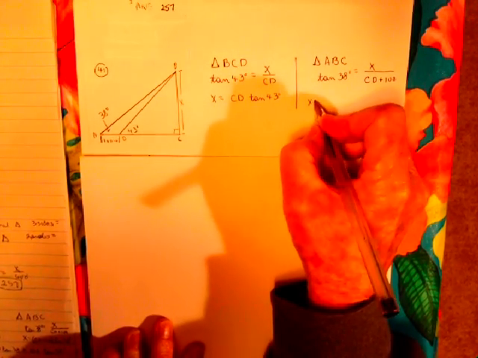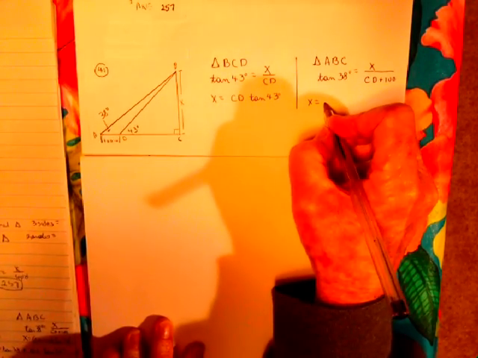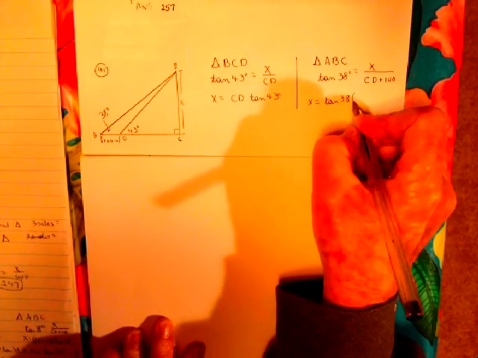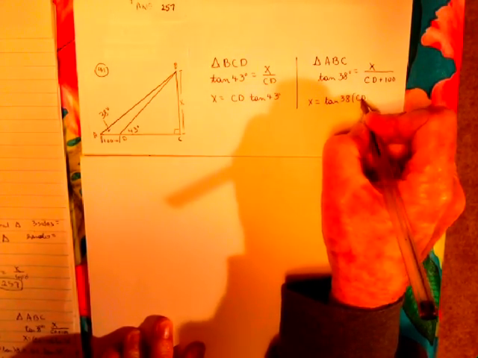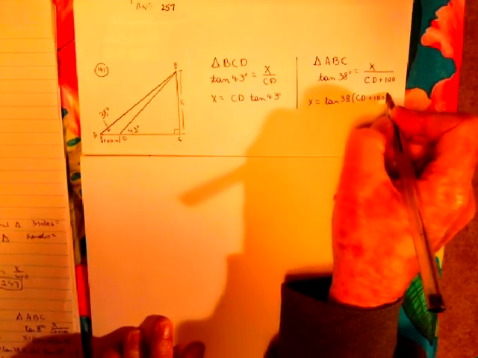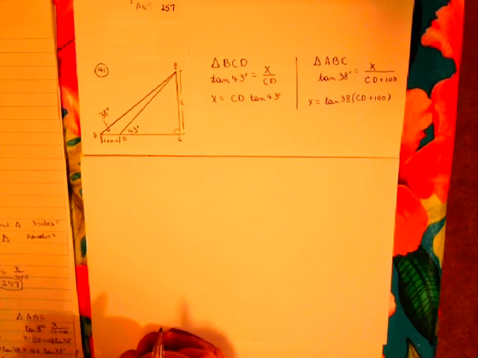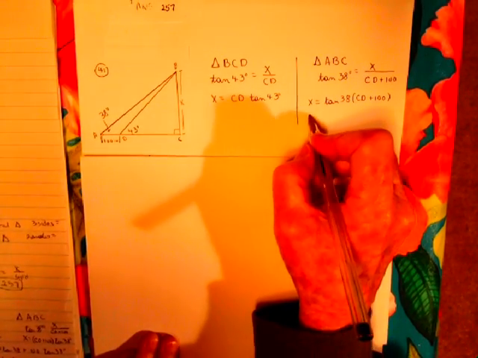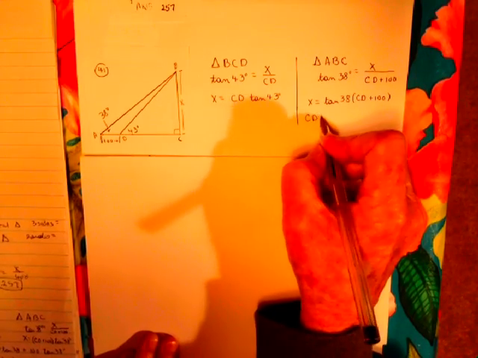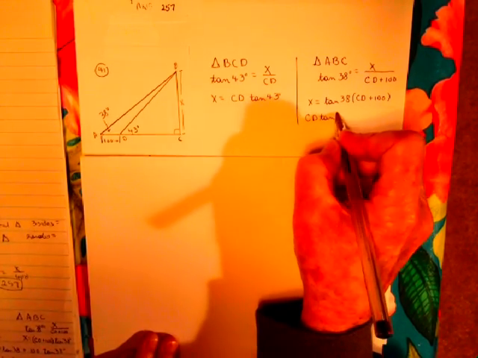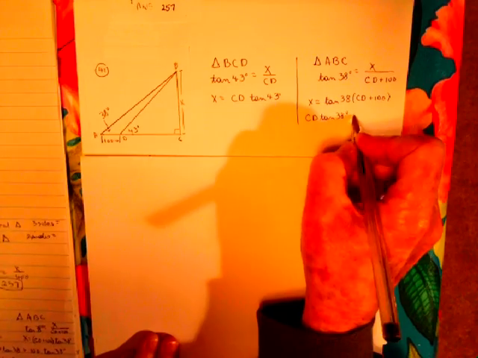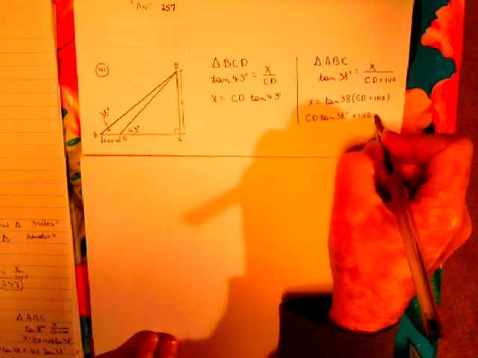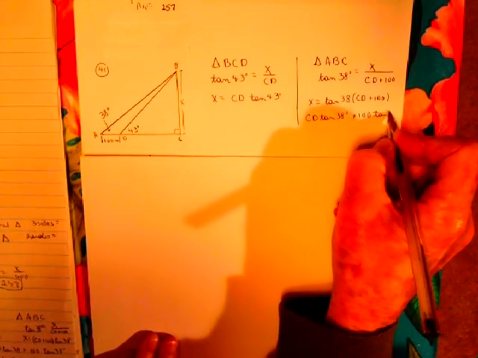So x equals tangent of 38 times CD plus 100. I can distribute this tangent of 38, and I can say CD times the tangent of 38 degrees plus 100 times the tangent of 38 degrees.